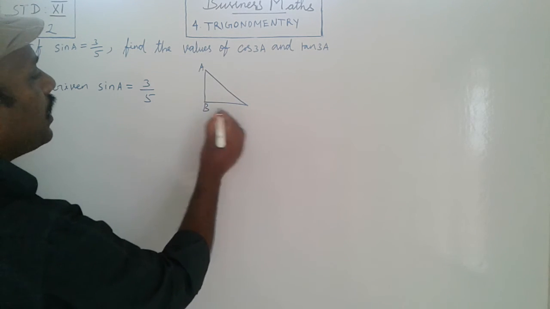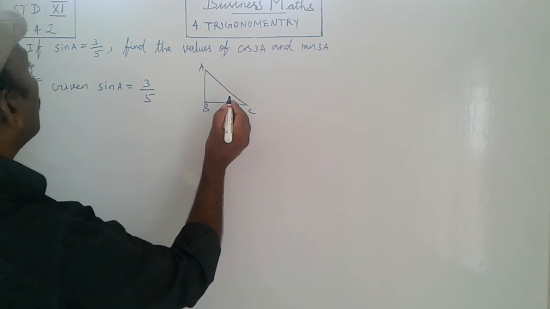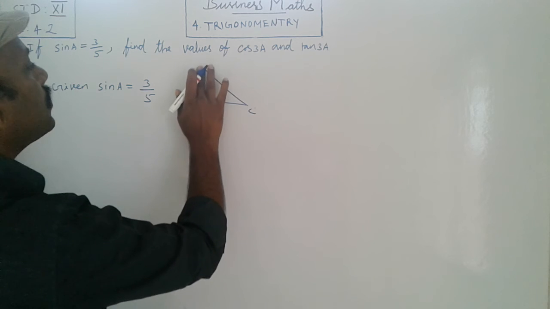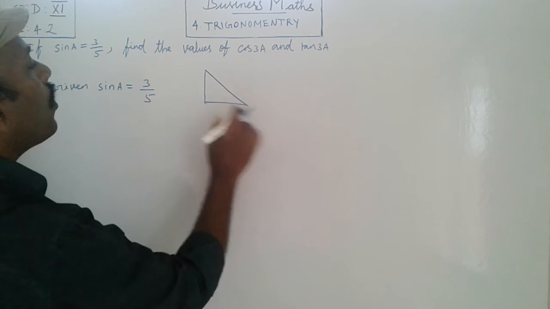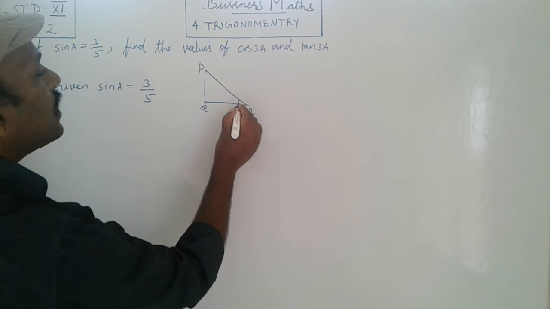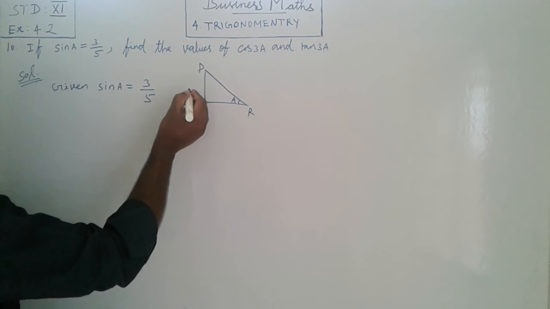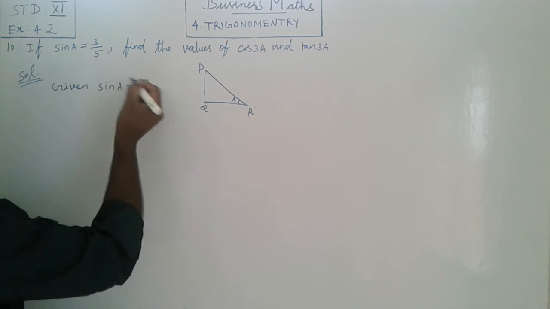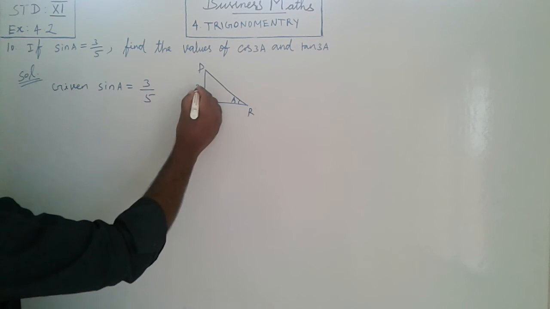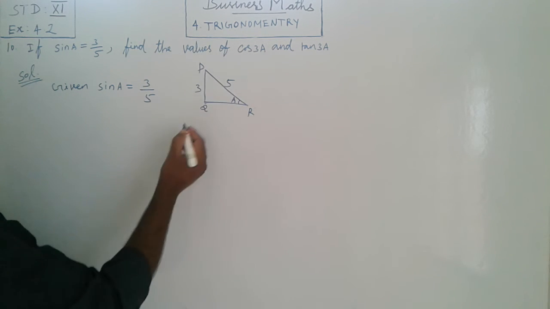Sin A is given, so this is PQR, angle is A. Opposite divided by hypotenuse is sin A. So opposite is 3, hypotenuse is 5. We should find out QR.